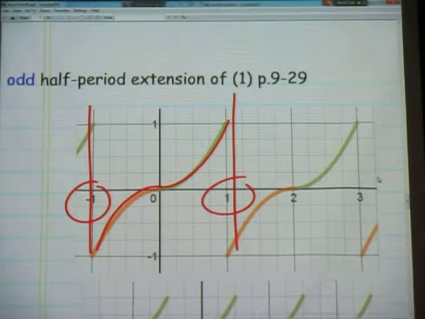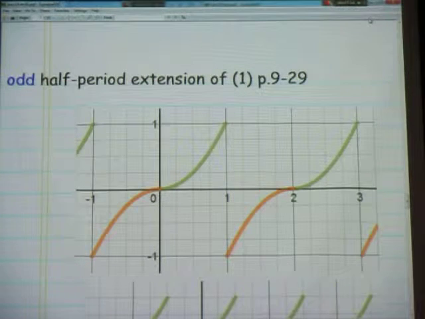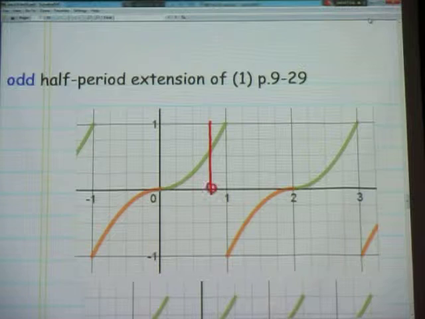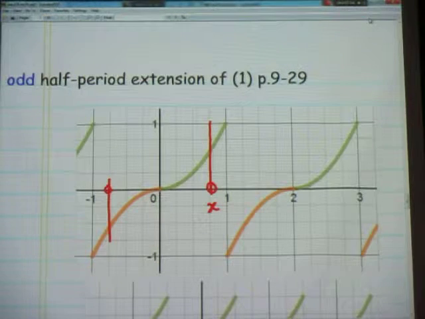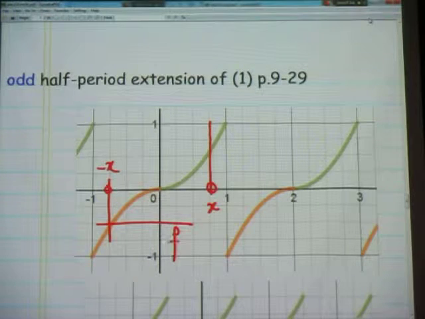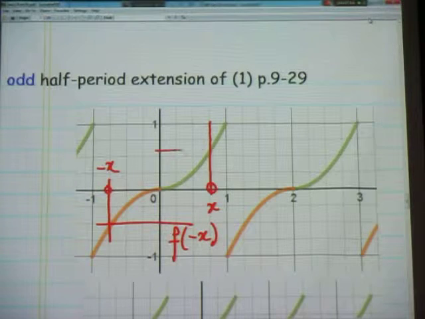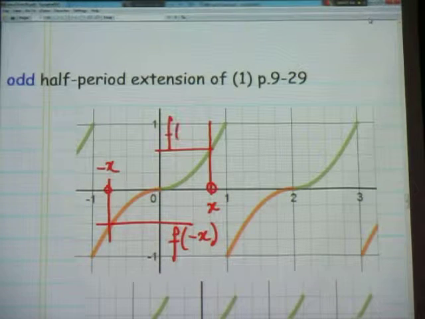What does it mean? Let's look at the geometric interpretation of the formula again. Let me clear out the ink here, so that it's not so messy. If you take a point x here, then minus x is over here. The value here is f at minus x, and the value at x is f at x.